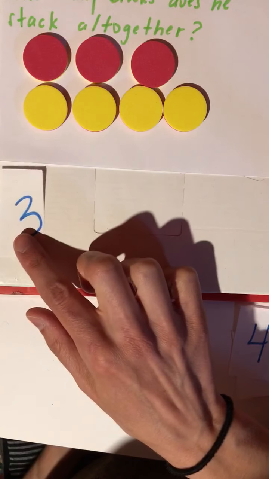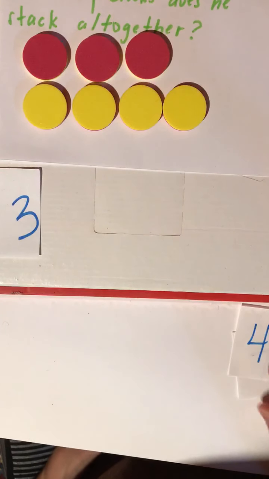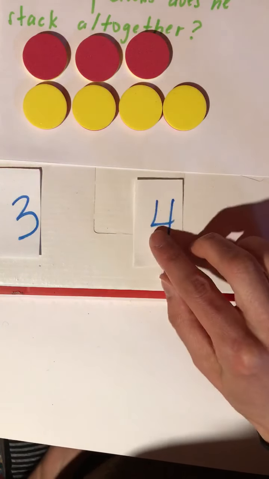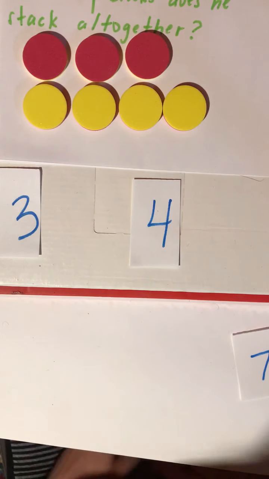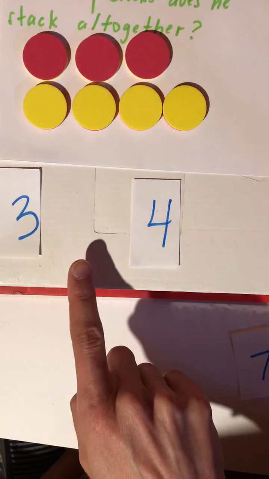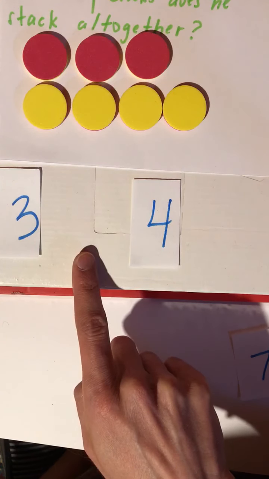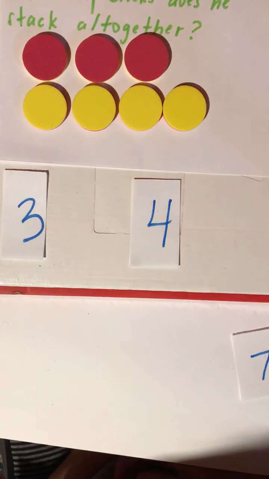So I am going to use a 3 to represent the 3 blocks that Cohen stacked first. Then I am going to use a 4 to represent the 4 blocks that Cohen stacked next. Now I have to think to myself, I need a math symbol here. What did I do with Cohen's 3 blocks and his 4 more blocks?